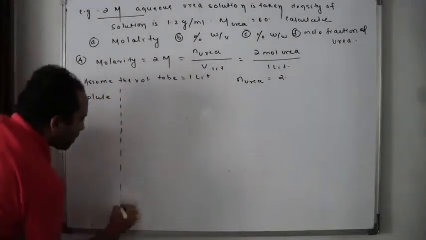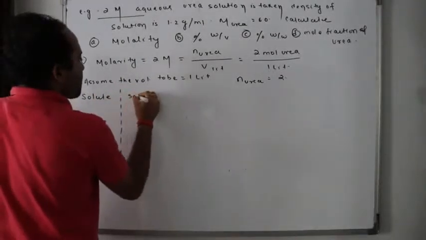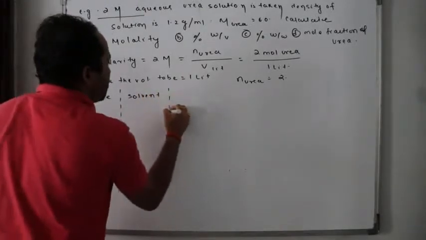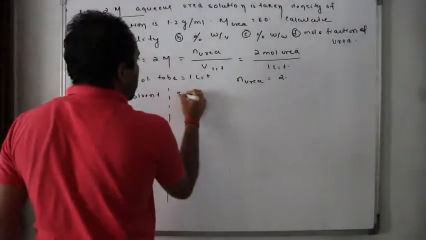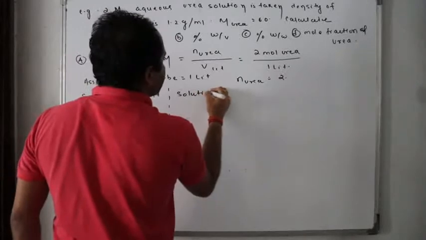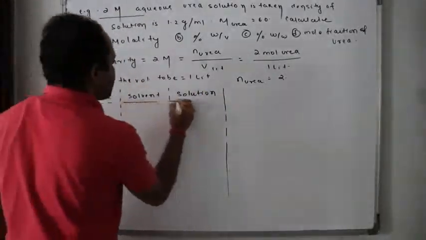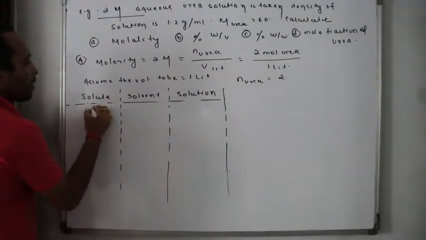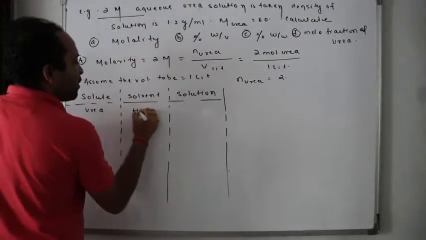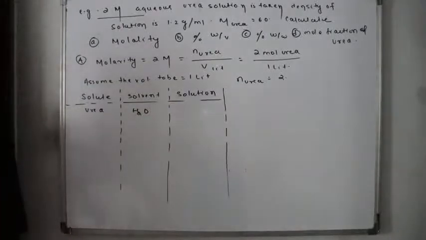Solute, solvent, solution. What is the solute here? Urea. Solvent here? Water. Solution is urea water.